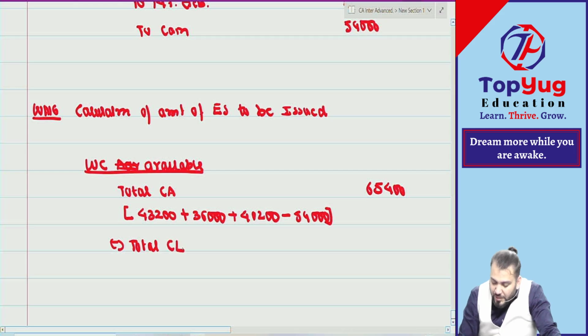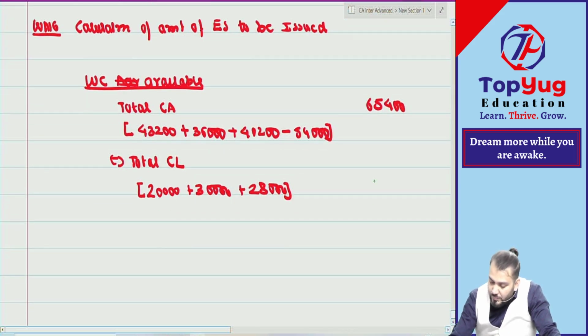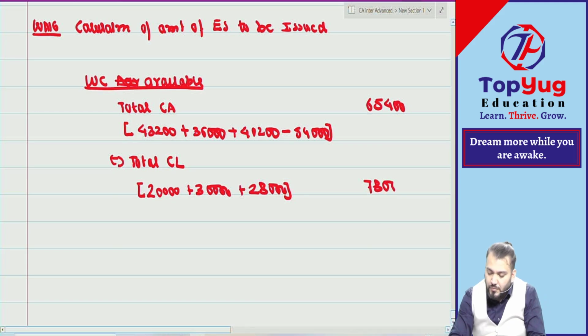Then minus total current liability. How much? We have creditor, bank overdraft will come. Yes, 20,000, 30,000 and 28,000. Total how much? 78,000. So what is the working capital available?